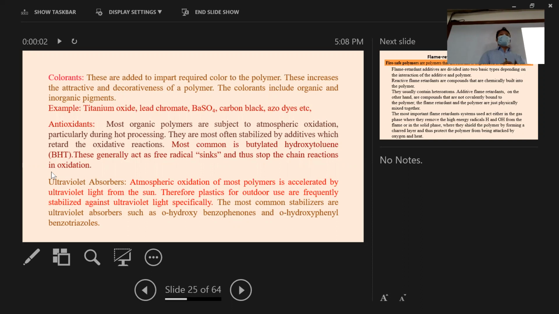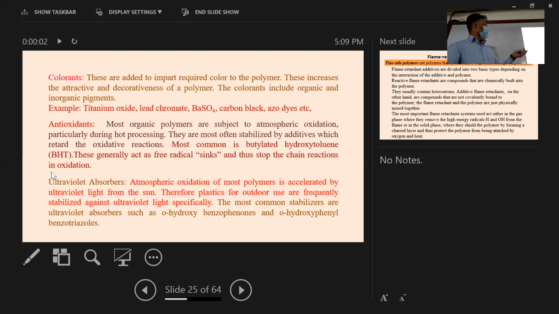So based on the color we are interested in or what we need, we can add different types of coloring agents. So that would be colorants. These are added to impart the required color to the polymer. This increases the attractiveness and decorativeness of the polymer. The colorants include organic and inorganic pigments. So, what types of color we want to see, based on that, we will add the color.